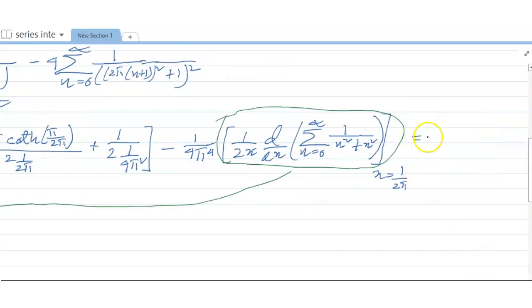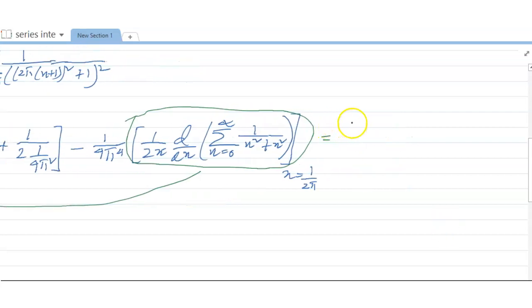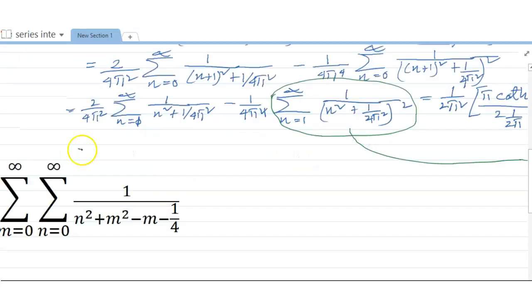Next, it can be written 1 by 2 pi square. It can be written this way. Half into coth half into pi square.